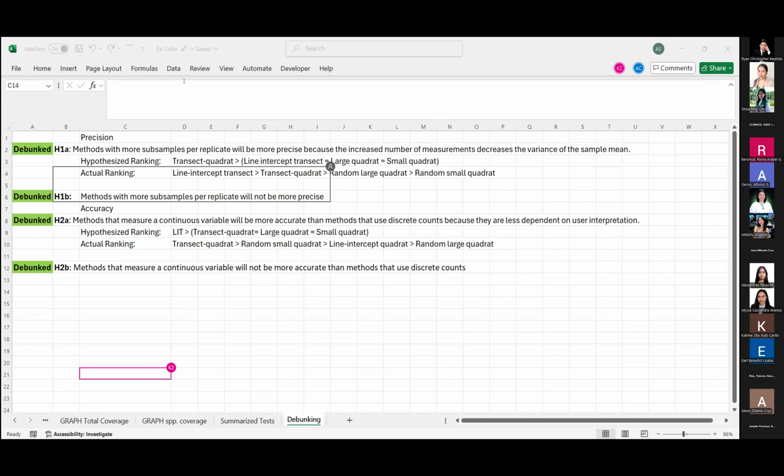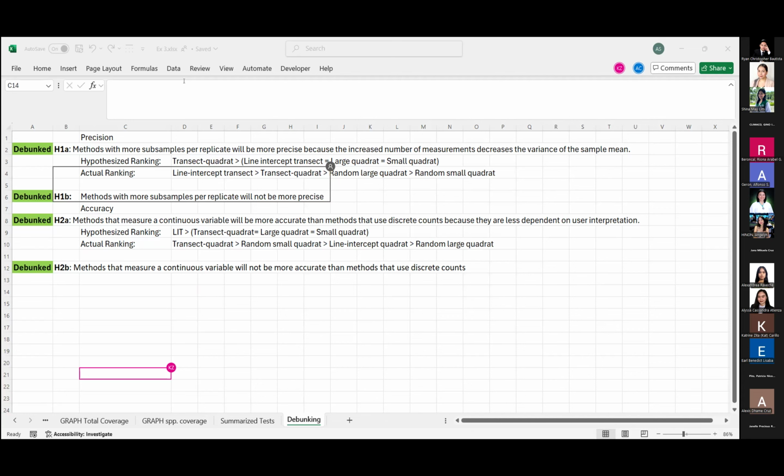Yung H1A niya, di ba, methods with more subsamples will be more precise, instead of methods with more subsamples will not be more precise. H1B would be better if you use methods with less subsamples will be more precise. And then the same recommendation for H2A and H2B.